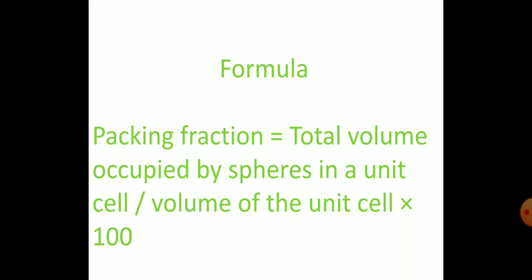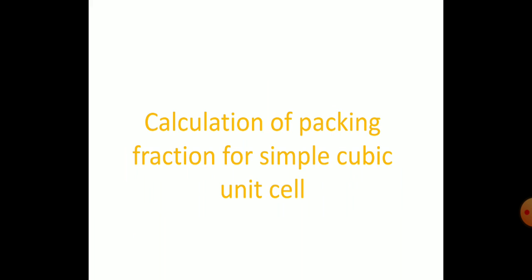By using this formula, you can calculate the packing efficiency of any type of unit cell. It may be simple cubic unit cell, body-centered unit cell, or face-centered unit cell. Now in this video, we are going to calculate the packing efficiency of a simple cubic unit cell.